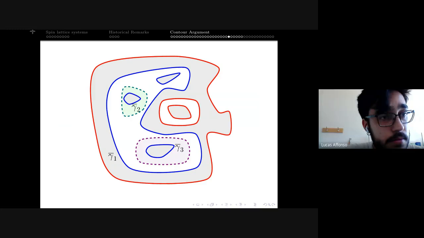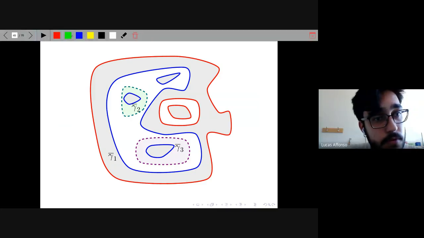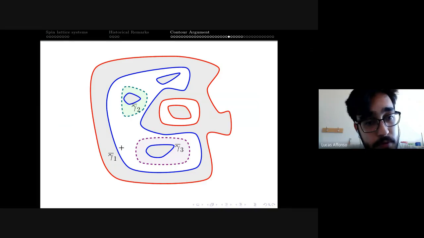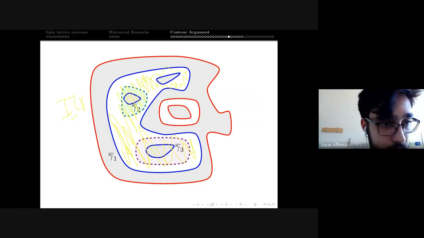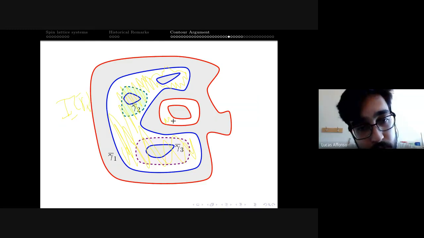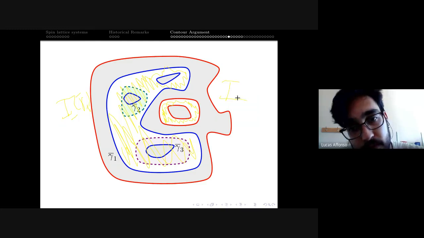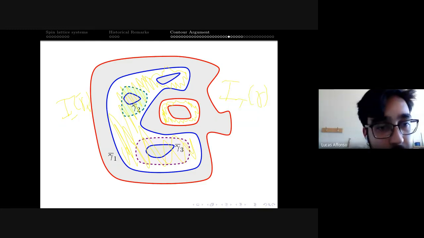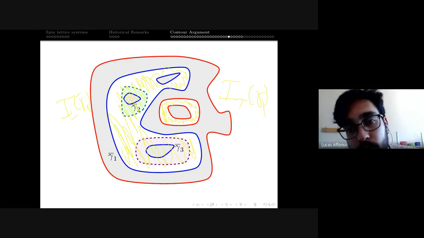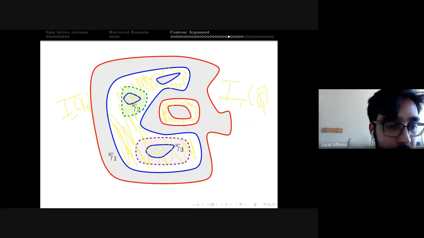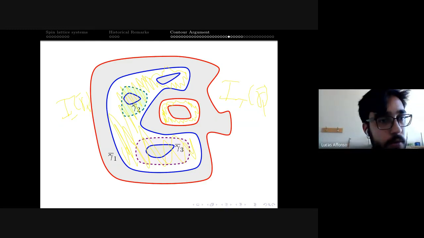I will make a drawing. So you have this. I guess yellow is not the best color, but okay. You have this region here is the minus gamma, is the minus interior. This region right here is the plus interior. And if you take the union of them, then you have the interior of gamma 1.